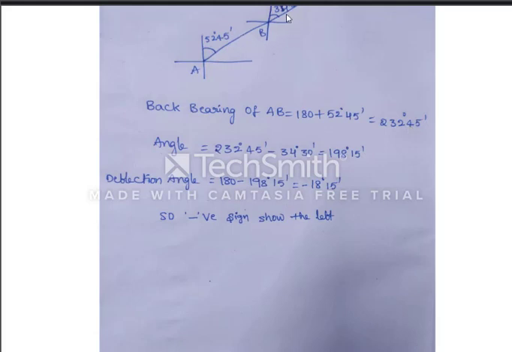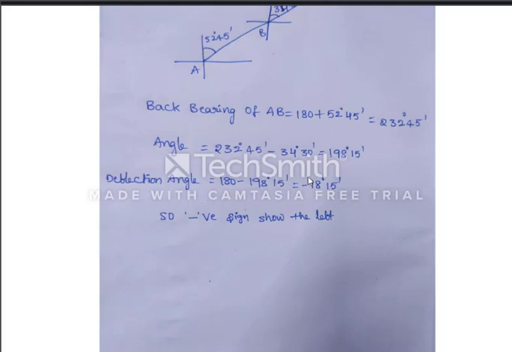The angle at B is back bearing of line AB minus forebearing of line BC, so 232 degrees 45 minutes minus 34 degrees 30 minutes gives 198 degrees 15 minutes. So the deflection angle is 180 minus 198 degrees 15 minutes, which equals minus 18 degrees 15 minutes.